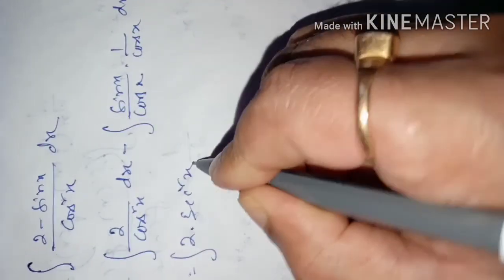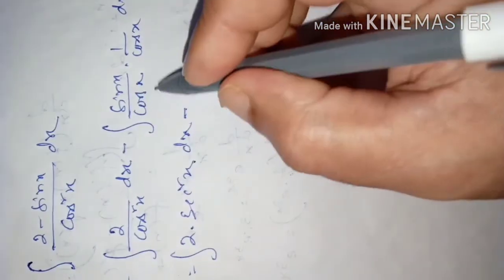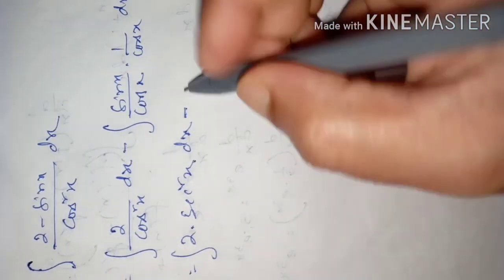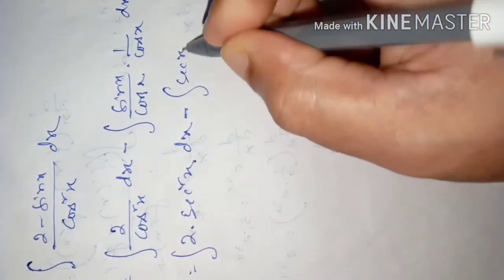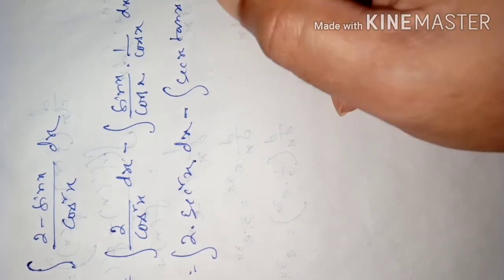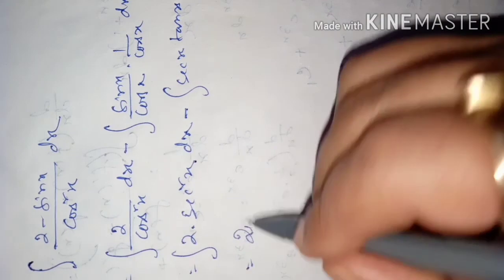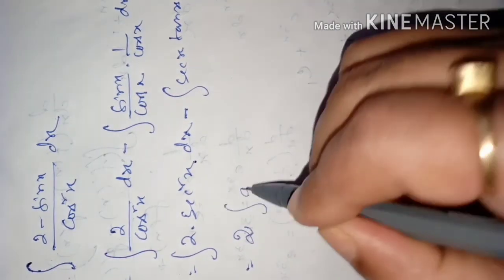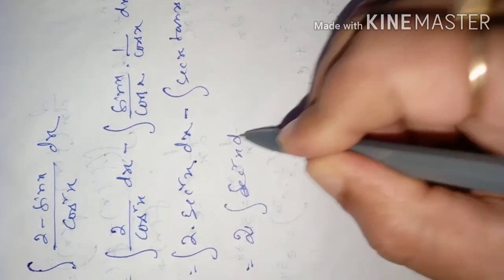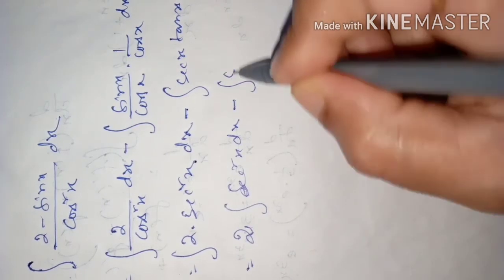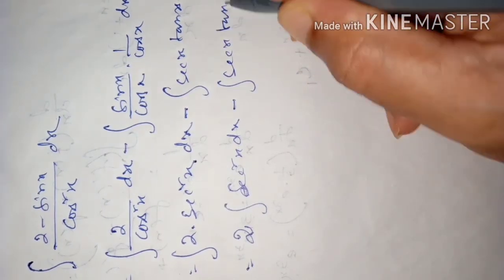So this is 2 times integration of sec square x dx minus integration of sec x tan x dx.